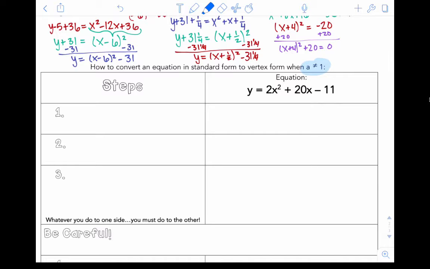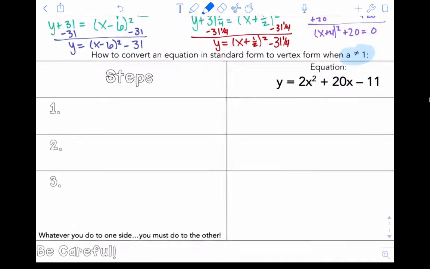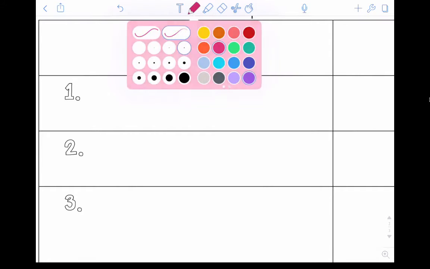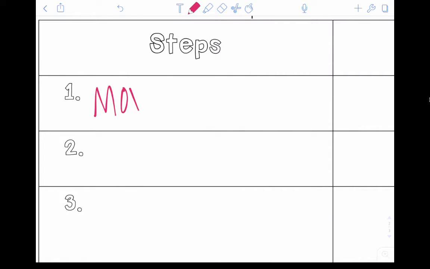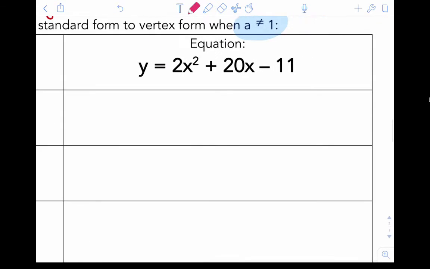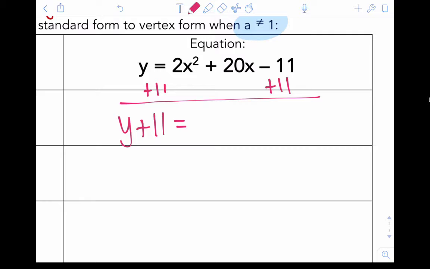All right, and then we're going to have to be careful at one point. So our first step is still going to be to move the c value. Just like before, we still need to move this number over to the other side of the equation. So y plus 11 is equal to 2x squared plus 20x.